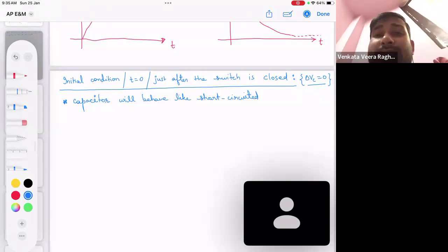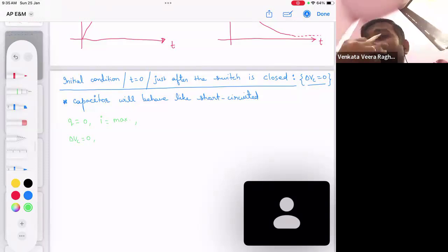Okay, now tell me, what are the other things we learn from that? Q equal to 0, I equal to maximum, delta V across capacitor equal to 0, isn't it? So these are the things we have learned at t equal to 0.